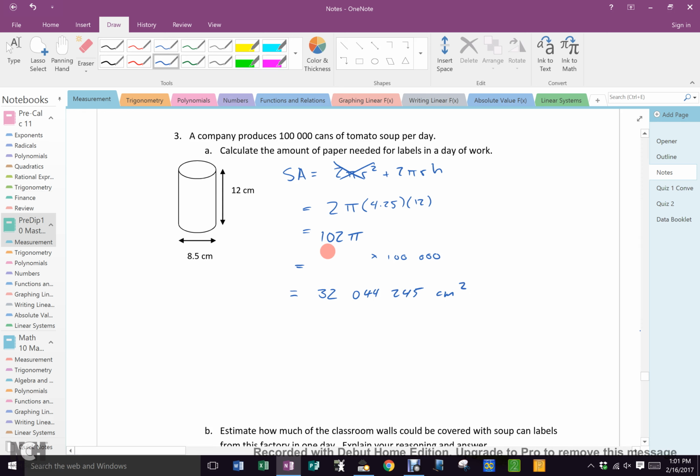this right here, you already know how to find that. That's just on your calculator, 102 times pi. Everybody in the room should be able to get to that number. If you cannot get to that number, I will not make you publicly announce it right now, but you need to be taking care of yourself.